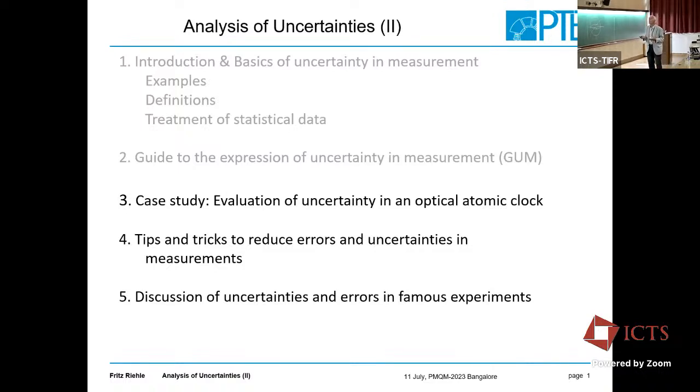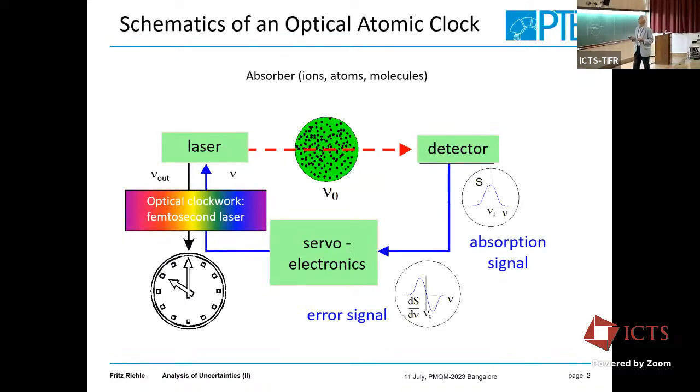In order to evaluate the uncertainty in an optical clock, we should first talk briefly about an optical clock. It is pretty much similar to the cesium atomic clock in principle, with the only exception that we do not have a microwave frequency generator, but rather a laser.